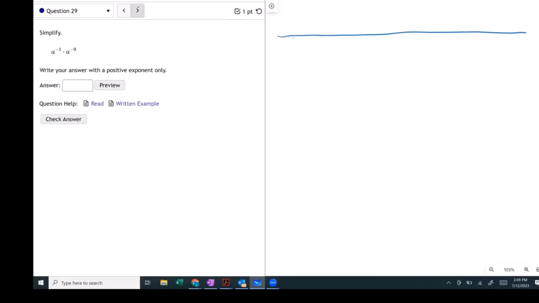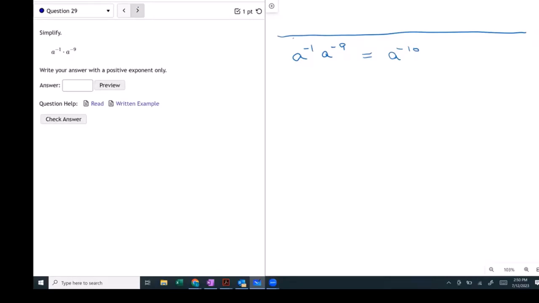Why don't you look at the rules and see which one you would use? I have a base to a power times a base to a power, right? So I add. -1 -9 is -10, isn't it? Because the bases are the same while you multiply. Yes. Same rule, nothing different.